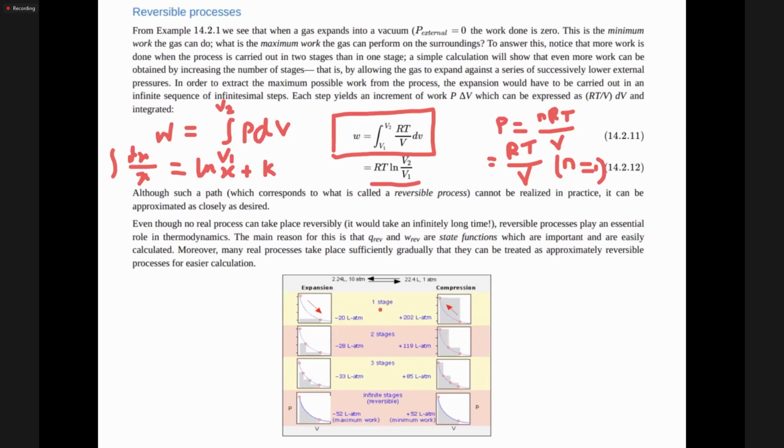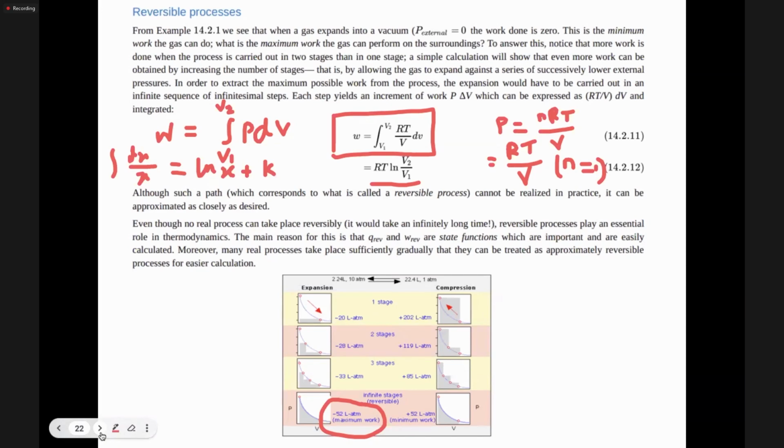If we see, in one stage it is minus 20, then minus 28 for two stages, and for three stages it is minus 33 liter-atmosphere. For an infinite number of stages, the maximum work obtained is 52 liter-atmosphere in negative value. Also, for compression, starting with 202 liter-atmosphere of work, ultimately we get the minimum amount of work, that is plus 52 liter-atmosphere, against an expansion and compression.